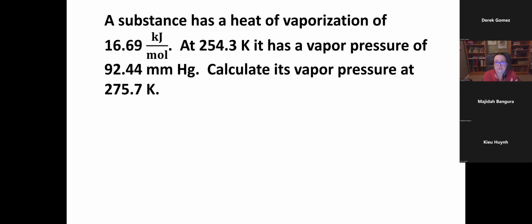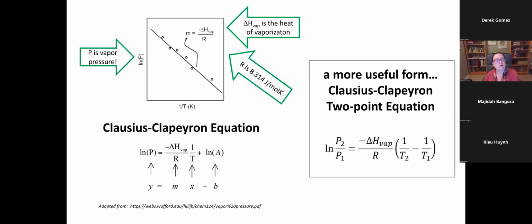That's one data point. You want to calculate the vapor pressure at a different data point, at a different temperature. So right away, you should be thinking, I'm talking about vapor pressure, I have 2 data points, so I probably need to use that 2-point version of the Clausius-Clapeyron equation, that equation over there in the box.